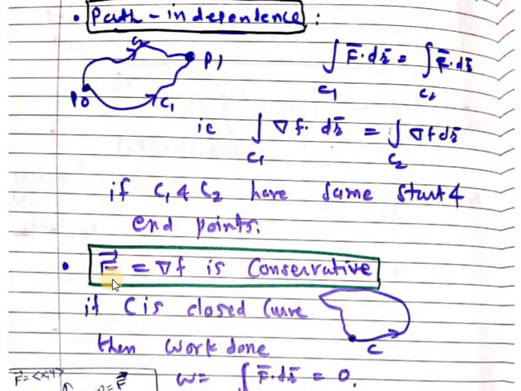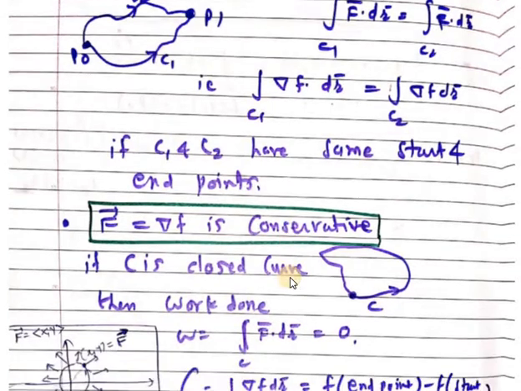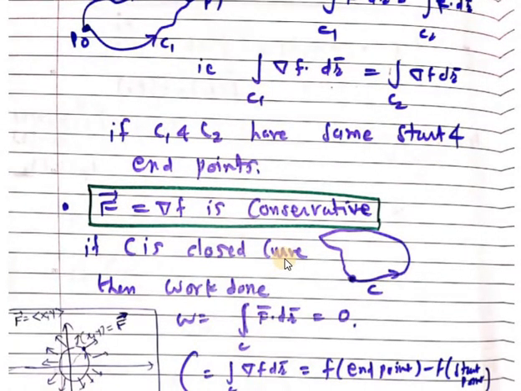Next, F equal to grad f is conservative if C is a closed curve. First, what do I mean by a closed curve? If the curve has the same starting and ending point, then the curve is said to be a closed curve. If we consider the work done for this closed curve, it will always be 0. Here it is given that F is equal to grad f, that means F is conservative.